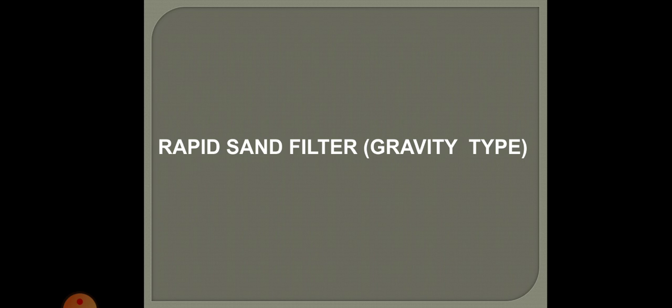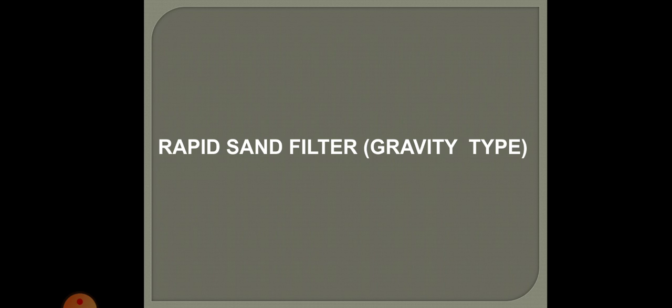Now the rapid sand filters are again divided into two types: the pressure type and the gravity type. In the case of a gravity type sand filter, the filter medium used is coarser than that used in a slow sand filter.